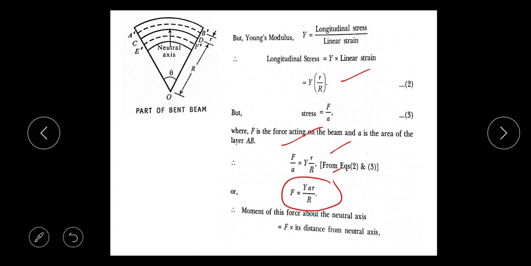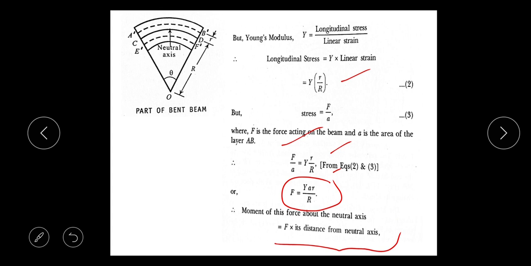Therefore, moment of force about the neutral axis. So moment of force or bending moment is the force into perpendicular distance from the origin. So F into its distance from the neutral axis. So this is the equation for a moment of force or bending moment. It is given here.